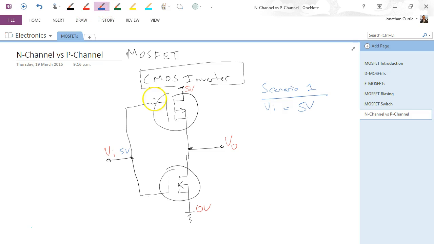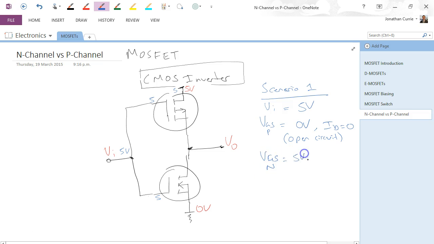So if I was to have 5 here and 5 here, VGS of the P-channel is equal to 0 volts, and therefore ID through that device is going to be equal to 0. Alright, so this is an open circuit. Whereas if we put our 5 volts here, also connected together, the VGS of our N-channel is equal to 5 volts.